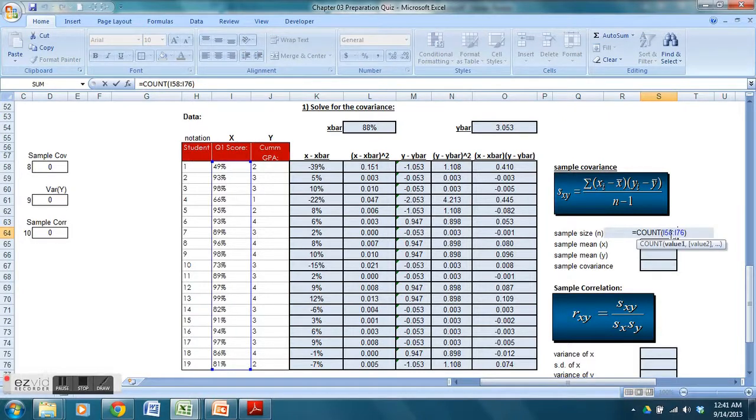So we can just do the x's, or we can just do the y's, or the number of students, 19. Sample mean. So you can find the sample mean that's actually equal to x bar. Let's use the average.